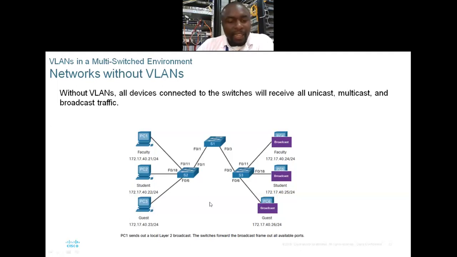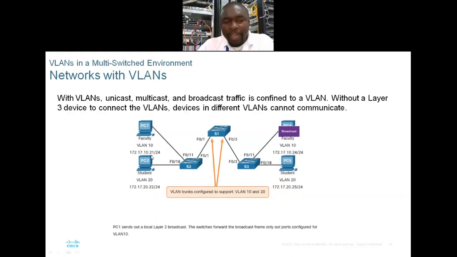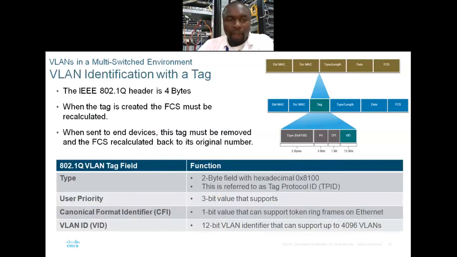If I generate a broadcast here, it is only within this guest VLAN, because this is a broadcast domain, this is another broadcast domain, and this is another broadcast domain. So you cannot move from student VLAN to faculty VLAN without the presence of a router.